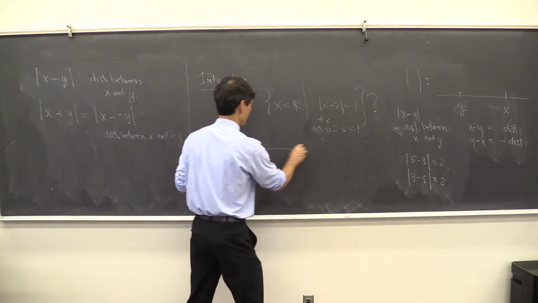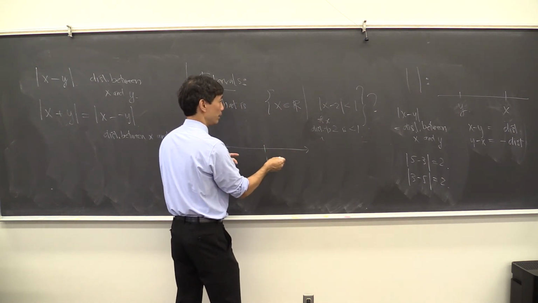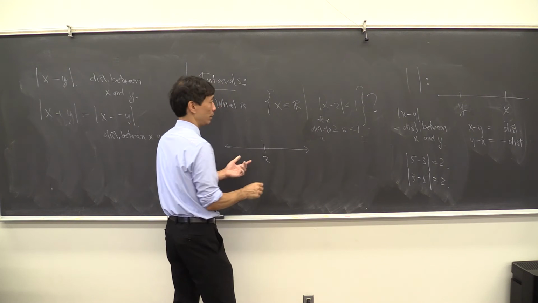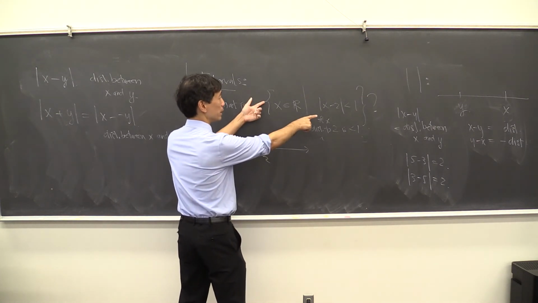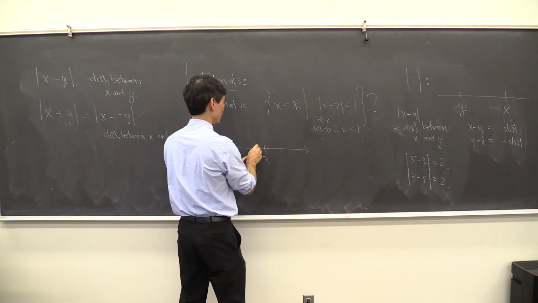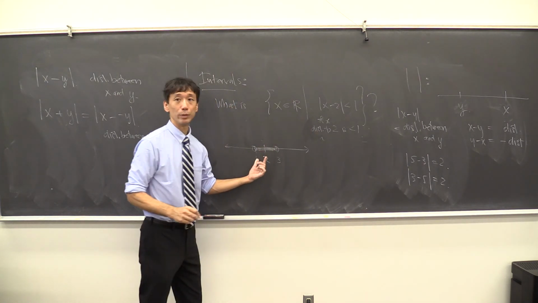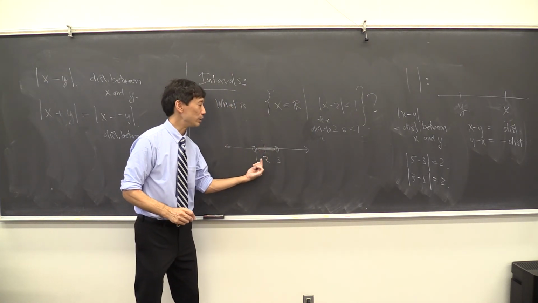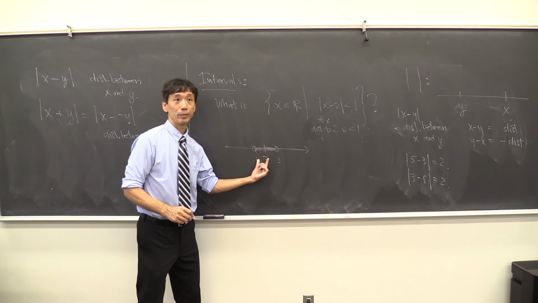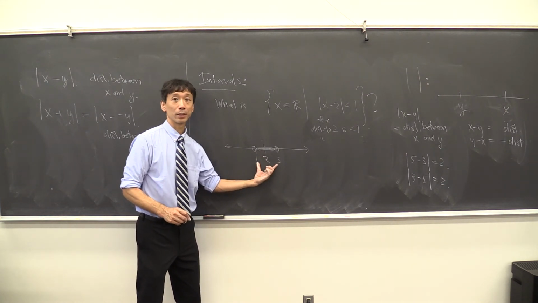So on the number line, here is 2, and this is the set of x's whose distance to 2 is less than 1. So it's everything between 1 and 3, everything whose distance from 2 is less than 1. So 1 and 3 are kind of the boundaries.